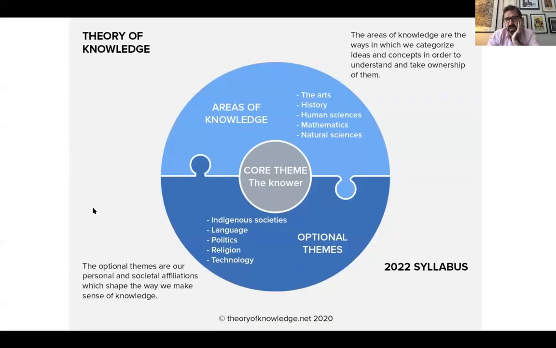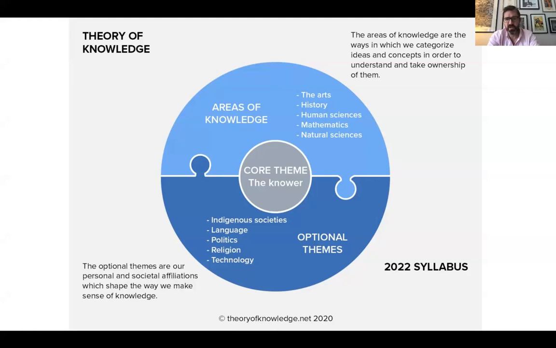The course itself looks like this. Unlike other DP subjects, it's not as rigid. You're not ticking off different elements that you then get exam questions on. But there are things that we have to look at. We look at these 5 areas of knowledge that you can see listed there.